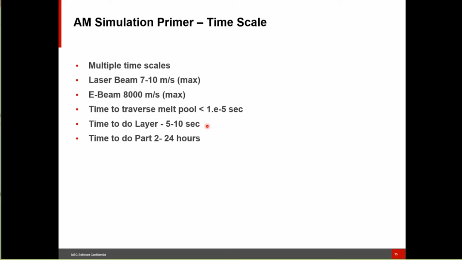The time to do a layer, depending on the machine, the technology, 5 to 10 seconds. The time to manufacture our engineering part, 2 to 24 hours. So if you would think about doing a traditional numerical simulation, again, you would say, I need to do a lot of increments. I need to use a lot of computational time. Is this achievable for what I need to do to improve my additive manufacturing method?